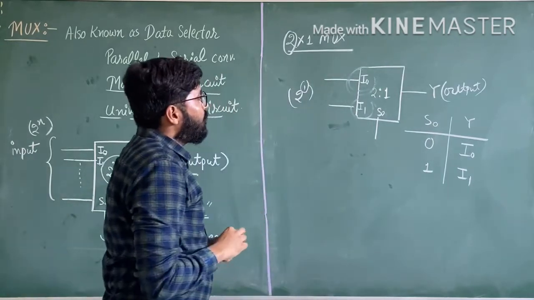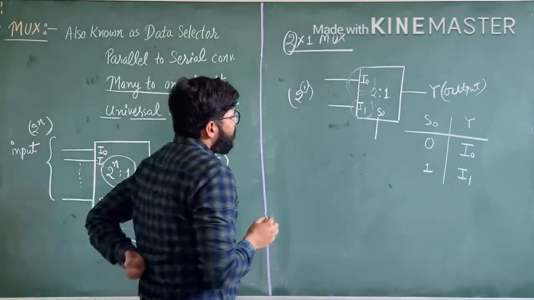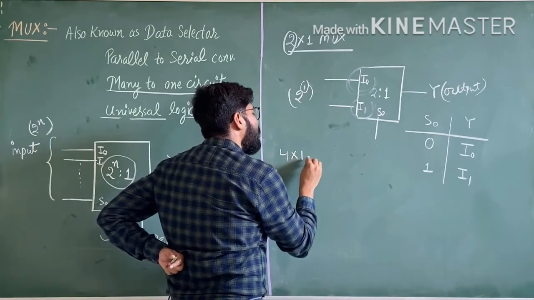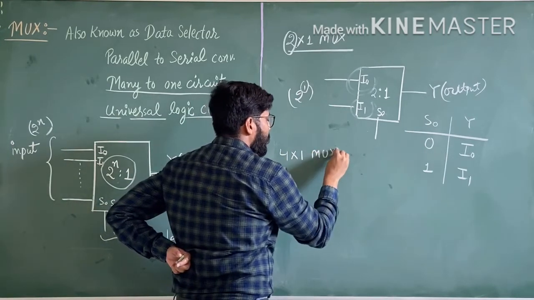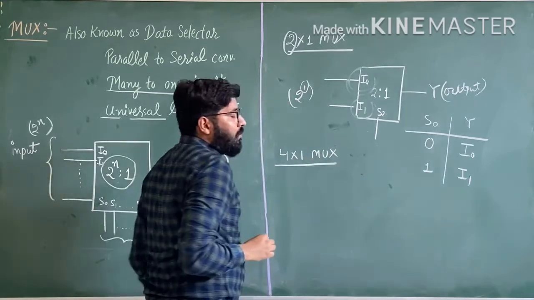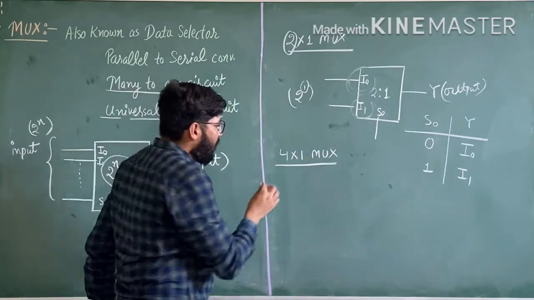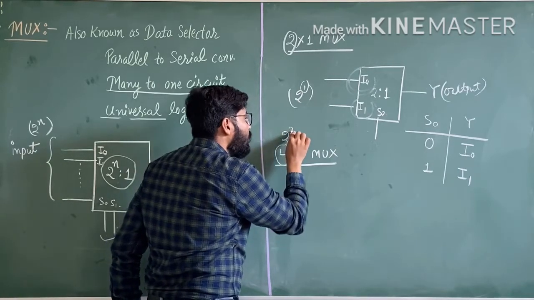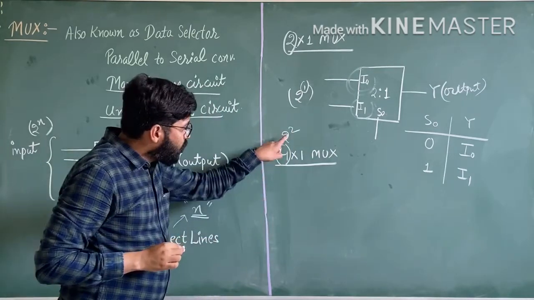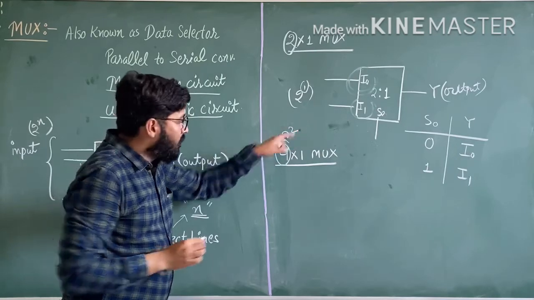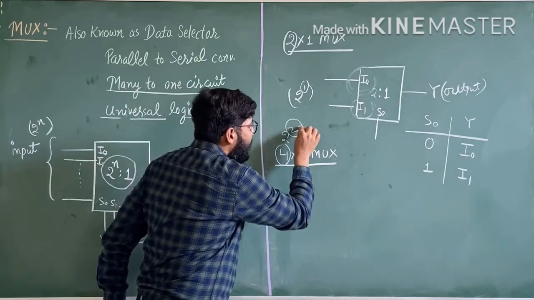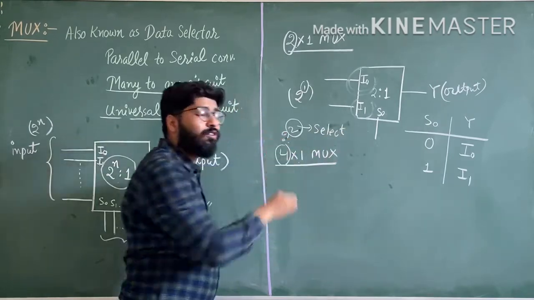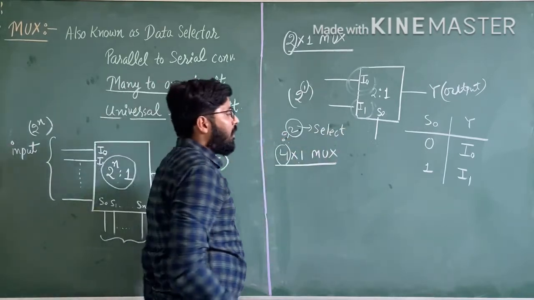Okay. Suppose we have to design a 4 cross 1 MUX. We have to read this 4 as 2 raised to the power 2. This 2 indicates the select lines. So how many select lines are there in 4 cross 1? 2 select lines are there.